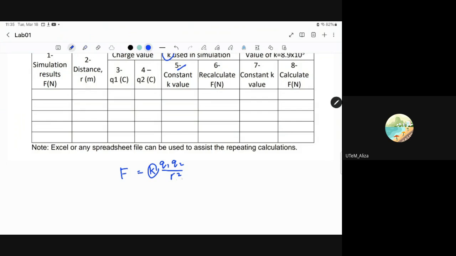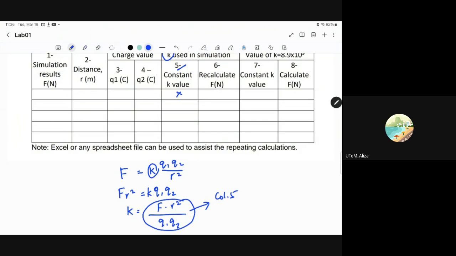Bring R squared to the other side, and you get F R squared equals K Q1 Q2. And you can find K by multiplying F with R squared and dividing by Q1 and Q2. So the value that you get here will be used in column 5. Put it here.